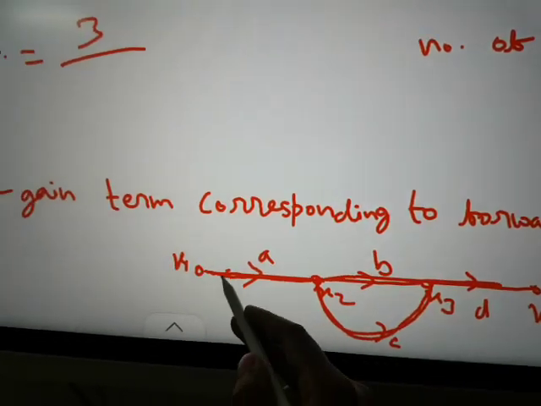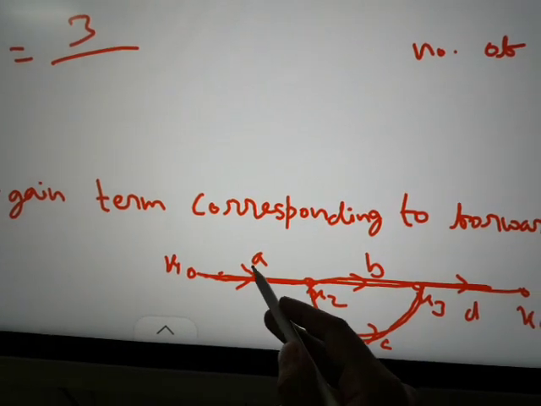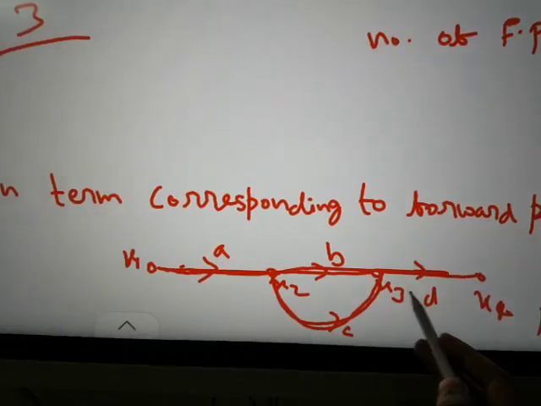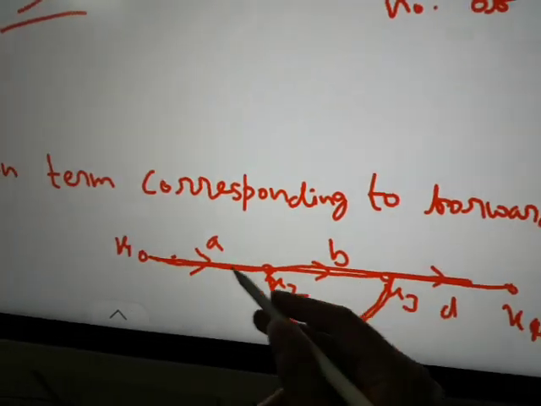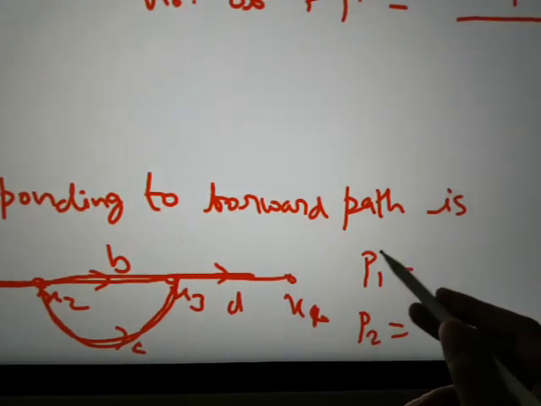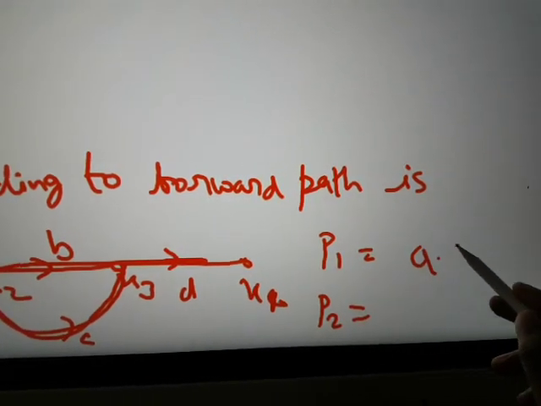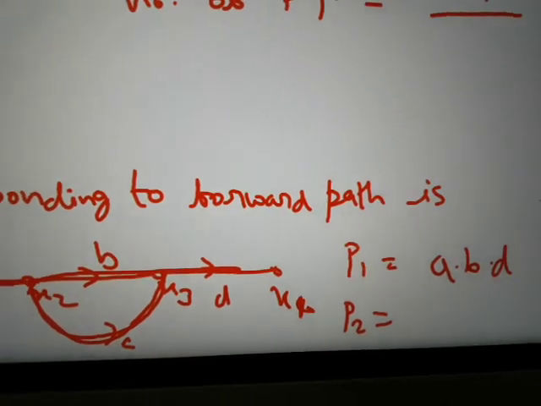For one path, what will be the forward path gain? Simply multiply the gains: a, b, d, so a into b into d. Forward path 1 is represented by p1, so p1 will be a into b into d. This is forward path gain 1.